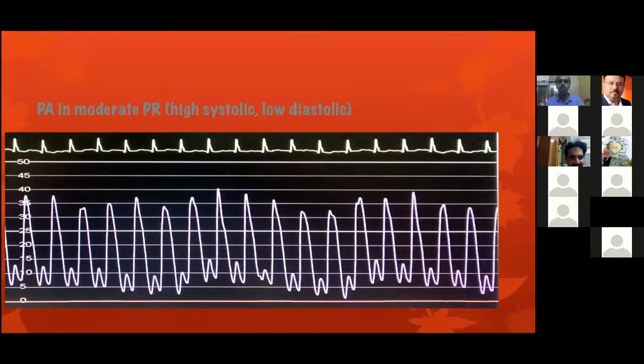Whenever the stroke volume increases, it leads to the percussion wave in the pressure trace, so the systolic pressure goes up. You have aortic regurgitation, LV systolic pressure will go up, aortic systolic pressure will go up. You have pulmonary regurgitation, RV systolic pressure will go up, pulmonary artery systolic pressure will go up. So systolic pressure elevation is the rule in aortic and pulmonary regurgitation, and low diastolic pressure touching 0 to 5 is the rule in severe pulmonary regurgitation. So in other words, this is ventricularization of the pulmonary artery pressure.